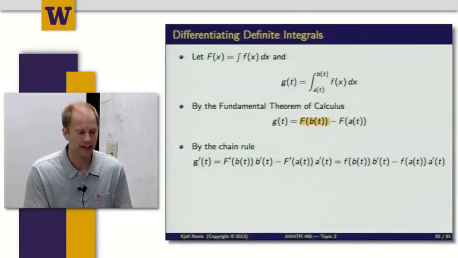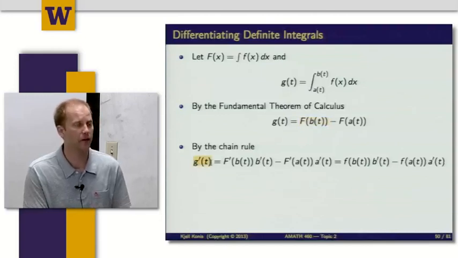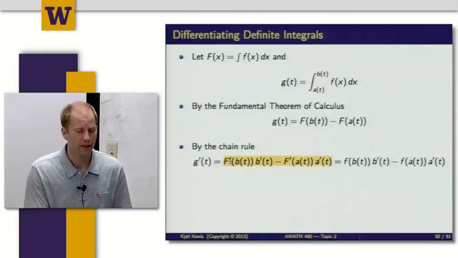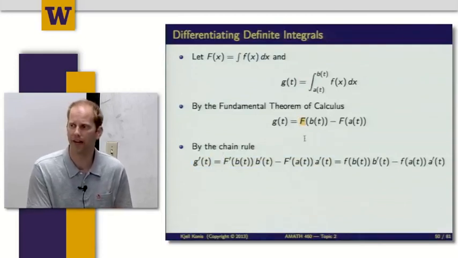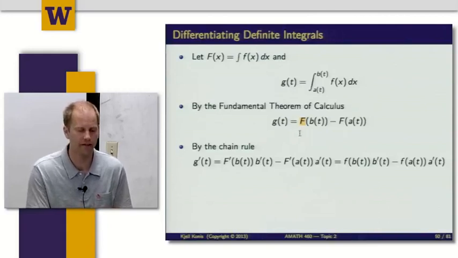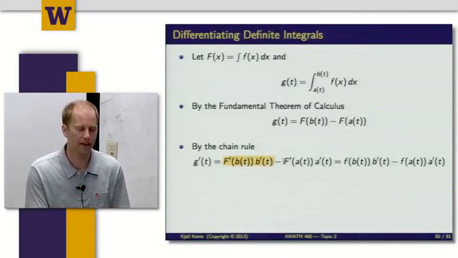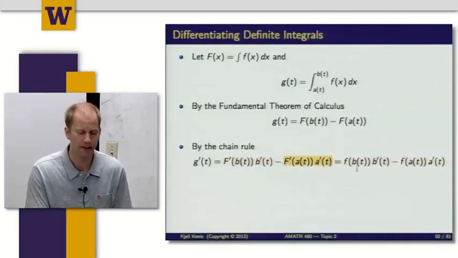So g prime of t, where g is a function of t, I'm taking its derivative with respect to t. That's just going to be equal to the derivative of the outside function evaluated at the inside function, and then by the chain rule, I have to also multiply that by the derivative of the inside function. It looks a little bit complicated, but all I'm doing is doing it once for the upper endpoint and once for the lower endpoint.